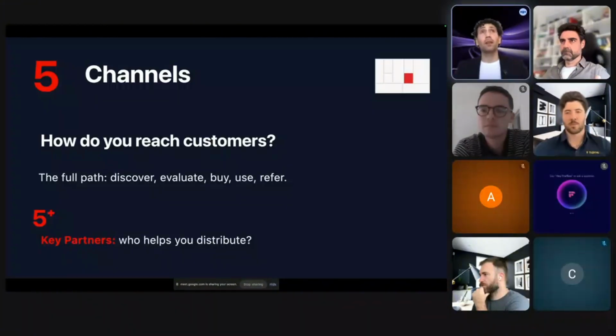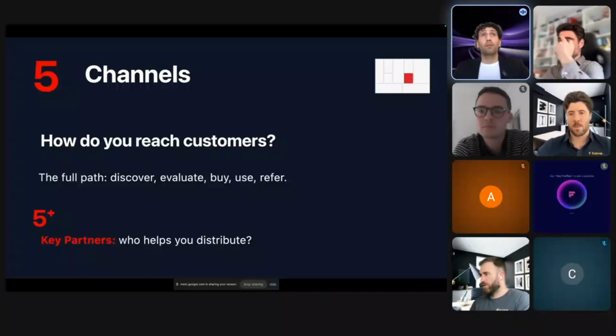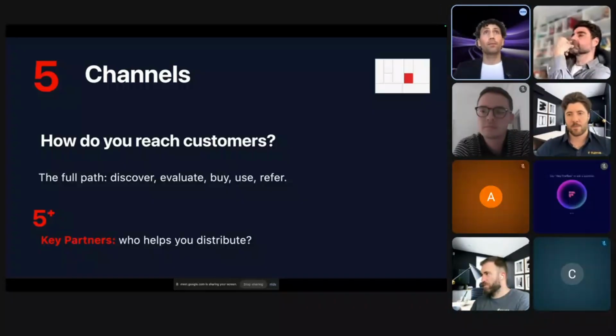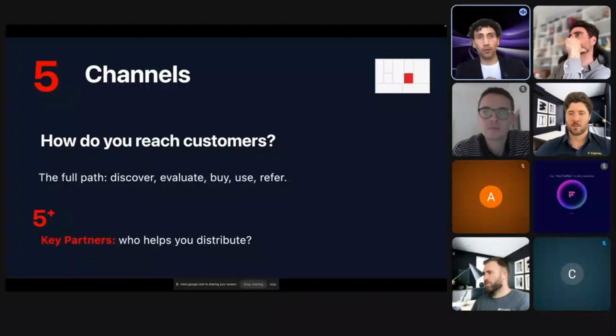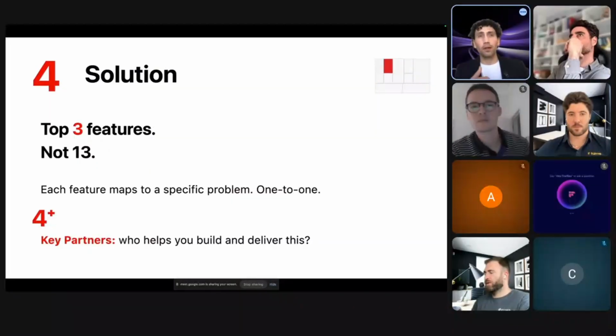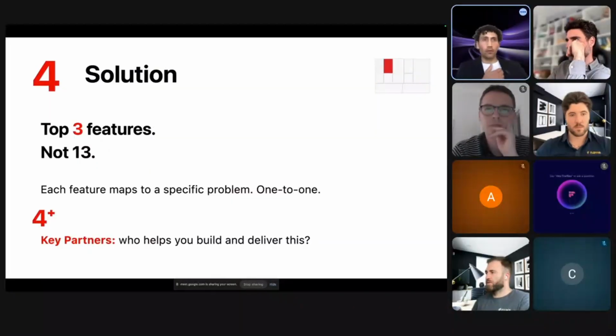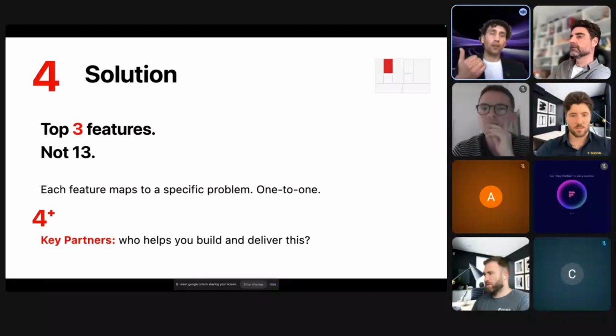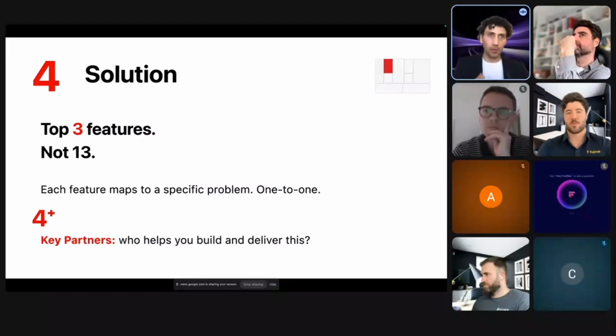So in that case, I see the fund admins more as a channel partner than a solution partner. In my opinion, a solution partner is someone who can help you really improve your product or actually build it.